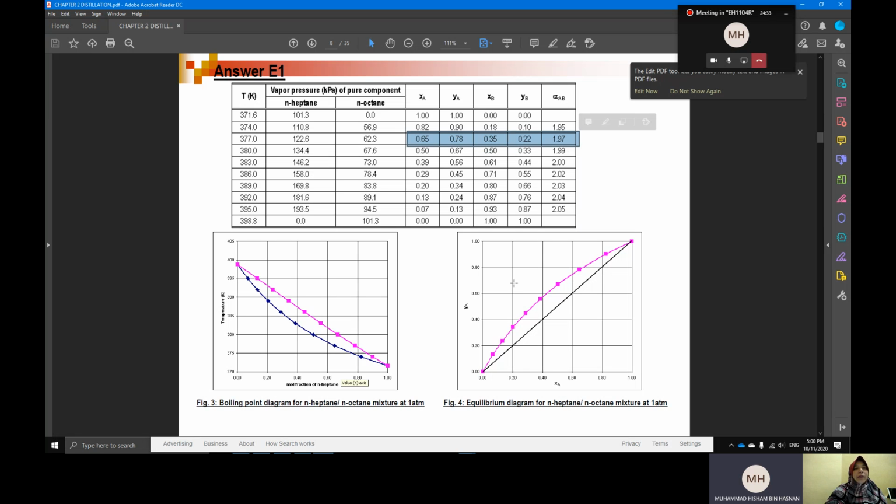Okay. Tunjuk saya. Ataupun how to get this row. So, you tunjuk contoh tu, you just mention to me, at 377 Kelvin, okay, XA is equal to this value based on the calculation that you going to do.